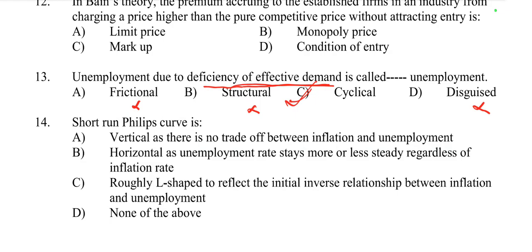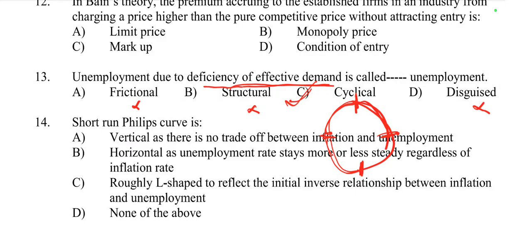So cyclical unemployment occurs when there is not enough demand for goods and services in the economy, often during a recession. It reflects economic downturns where overall demand is insufficient to support full employment. In the business cycle, we see different phases: boom or peak period, then recession, then depression, then recovery, and again the boom period.